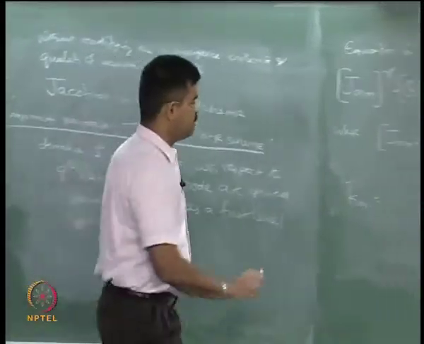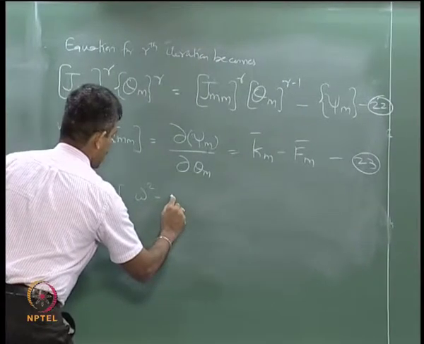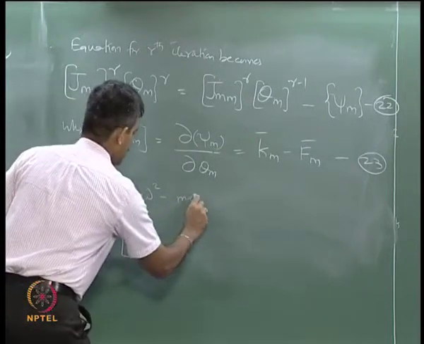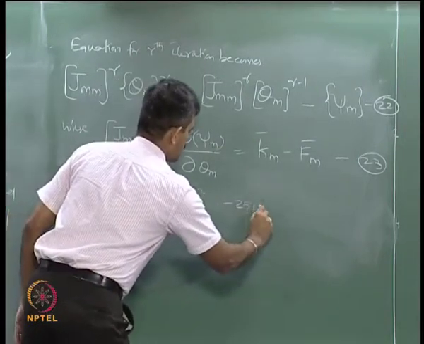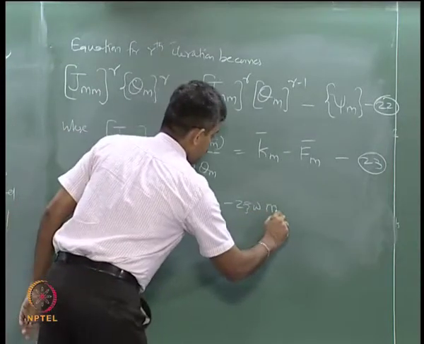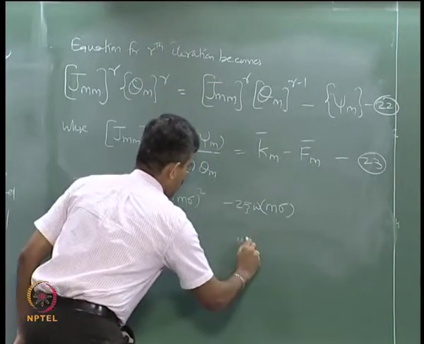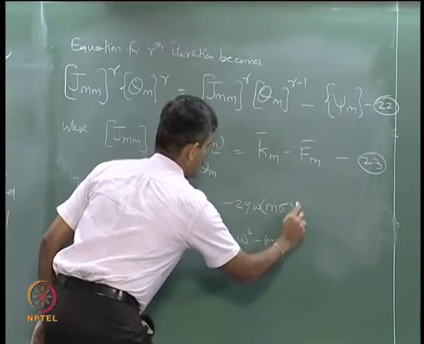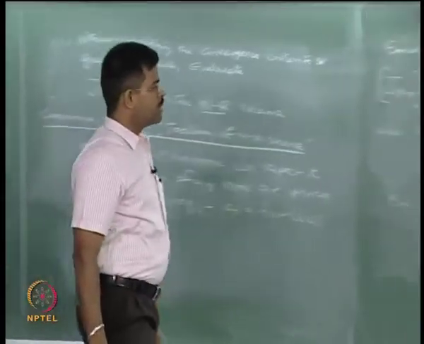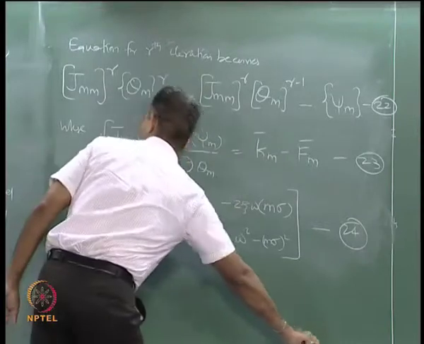Let me repeat it again here, omega square minus m sigma the whole square, minus 2 zeta omega m sigma, 2 zeta omega m sigma, omega square minus m sigma the whole square, which is Km bar. Though I am numbering it again, but already we wrote this equation. Okay, we already have this equation with us.